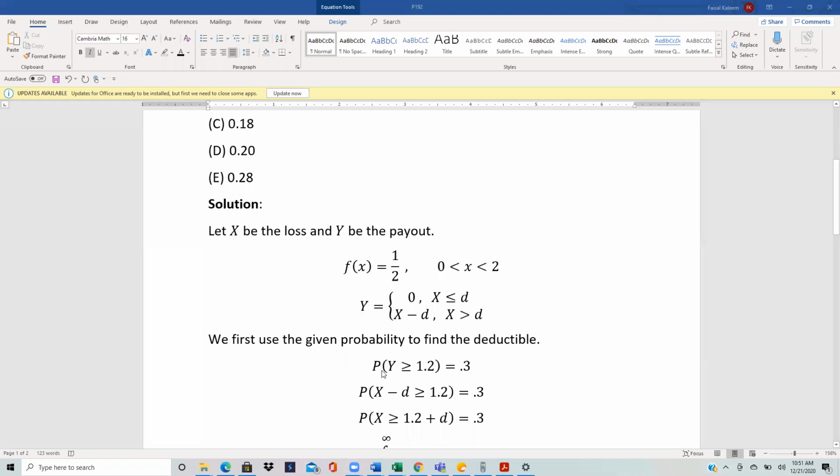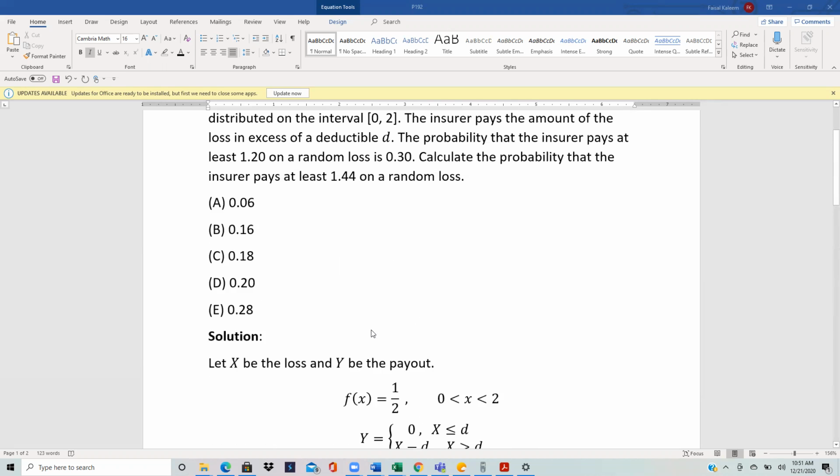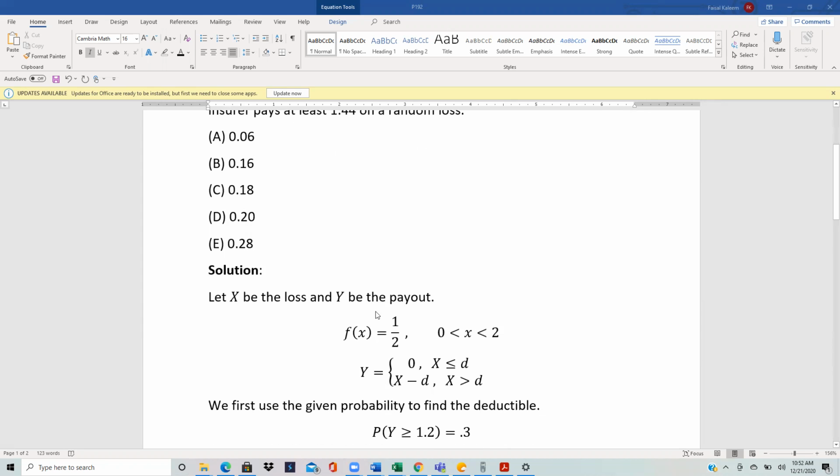We are given that the probability of the payout being at least 1.2 is equal to 0.3. Since the payout is at least 1.2, it's a positive payout, so it's the bottom situation, because the loss has to be in excess of the deductible in order for the payout to be positive.